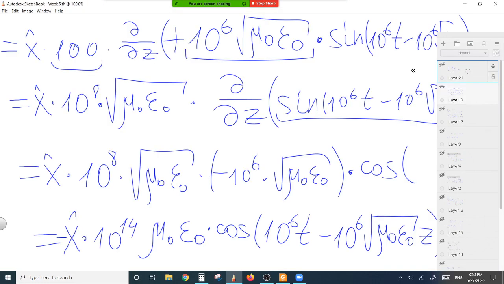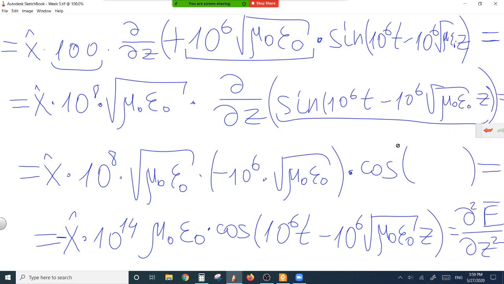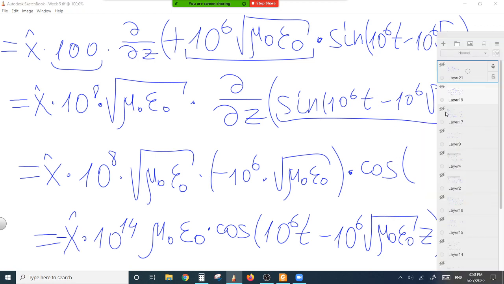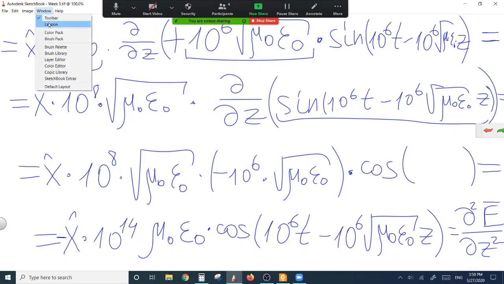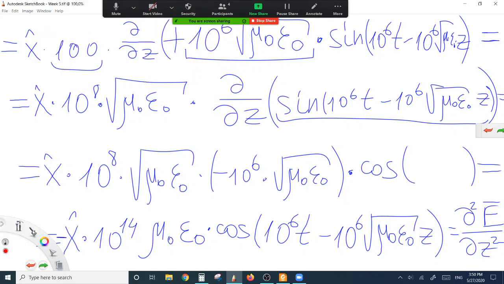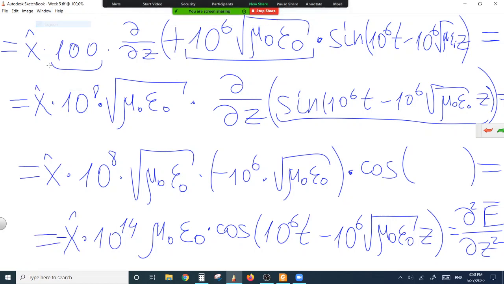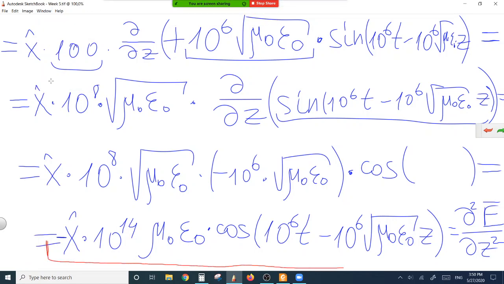Okay, Jawahar, look here. This is the final expression for the second derivative of the electric field intensity with respect to z.